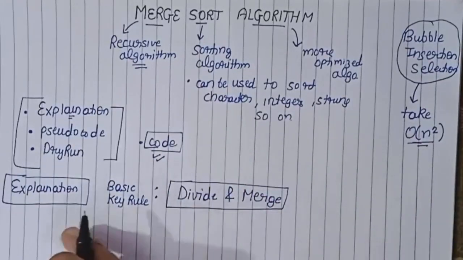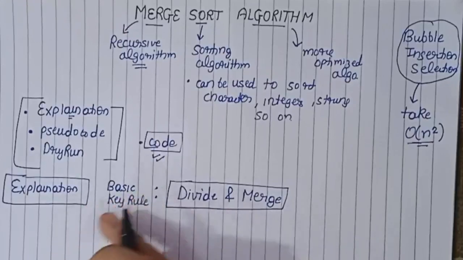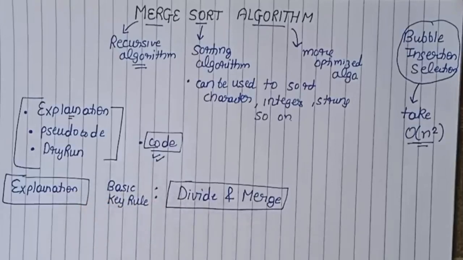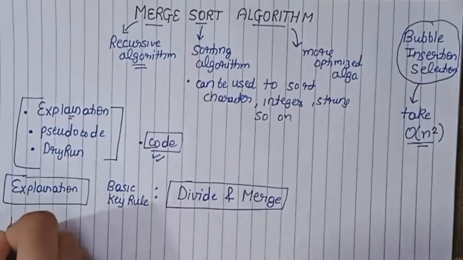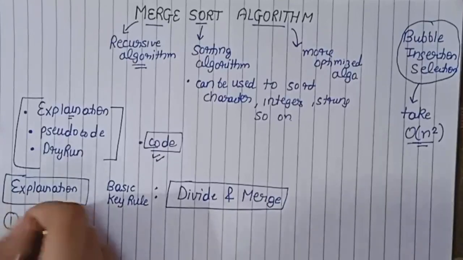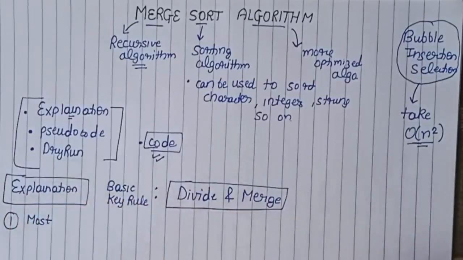Now I am going to write some important points about the merge sort algorithm. It is possible that at this moment it will be hard for you to understand these points. But I suggest you note these points, and once I take an example, you will be able to link these points with that example. So for now, note these points very carefully because this is the base of the merge sort algorithm.